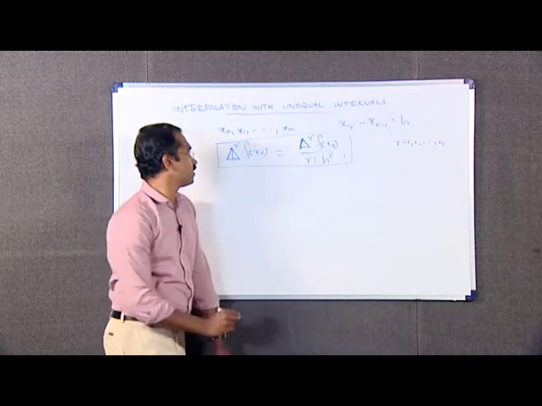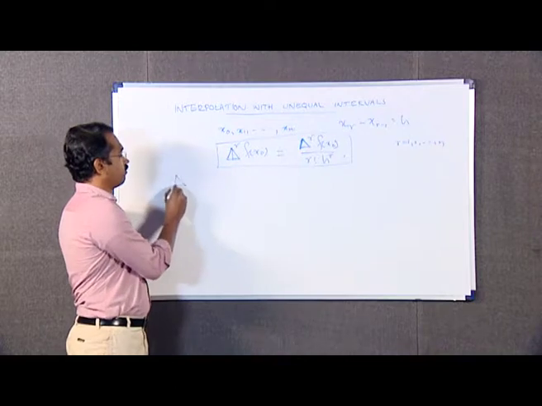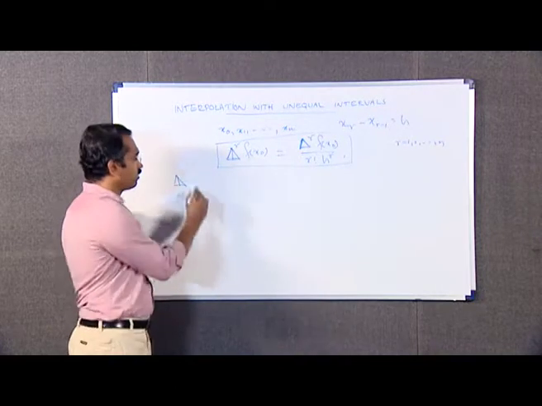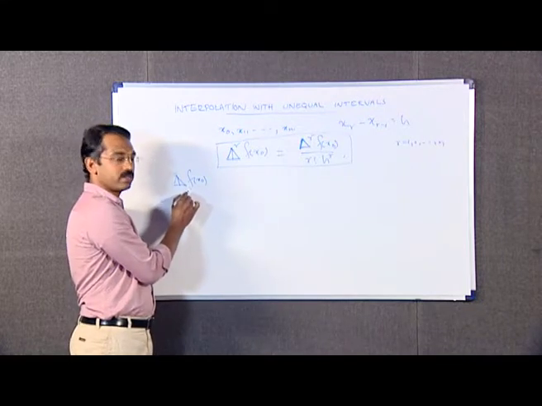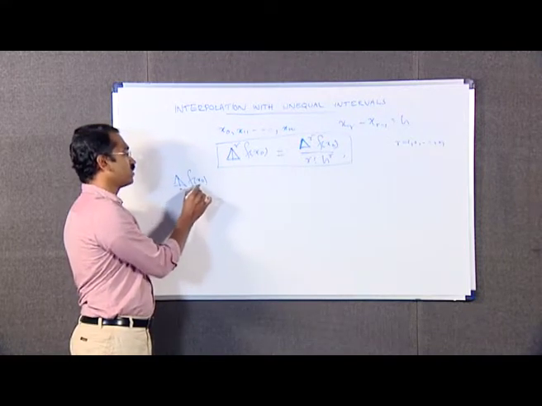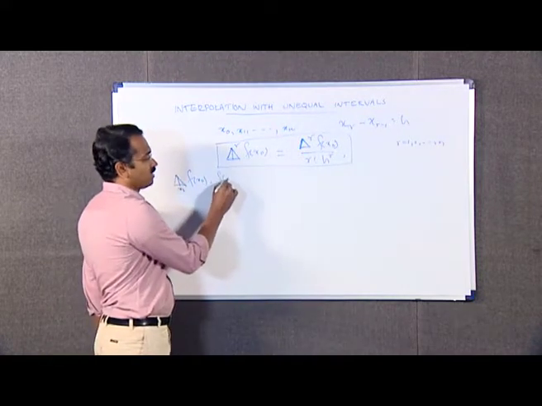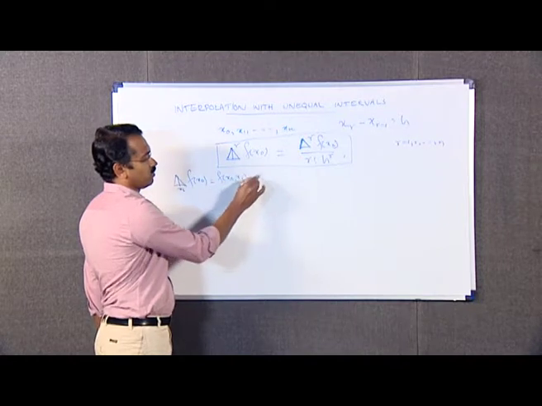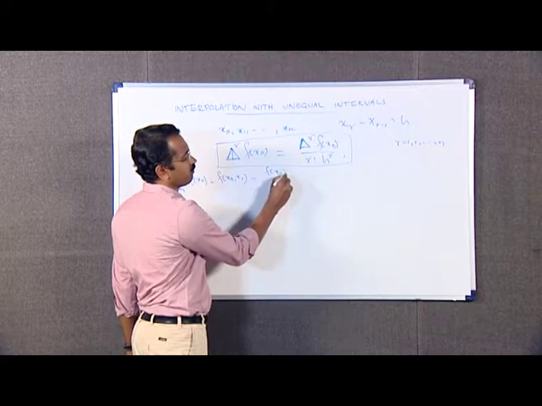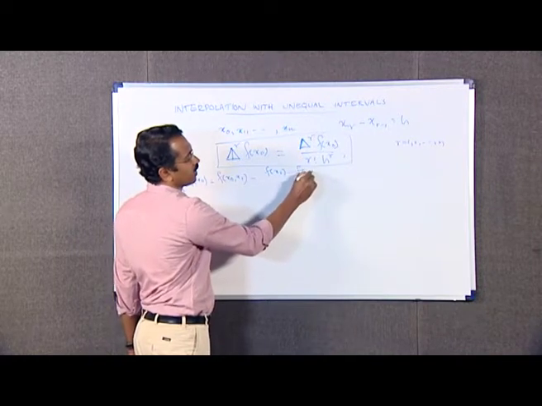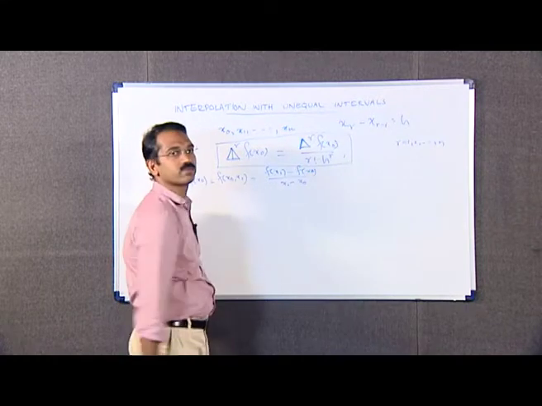By the definition of divided difference, we have the first order divided difference between the arguments x0 and x1. We can use this notation also, f of x0, x1 is equal to, by definition, f of x1 minus f of x0 divided by x1 minus x0.